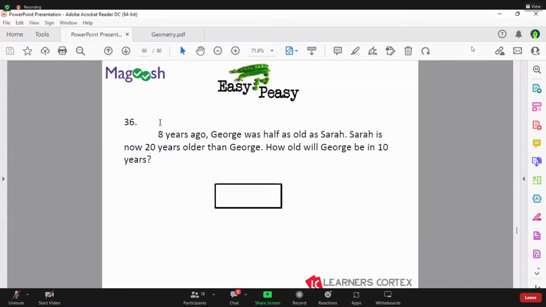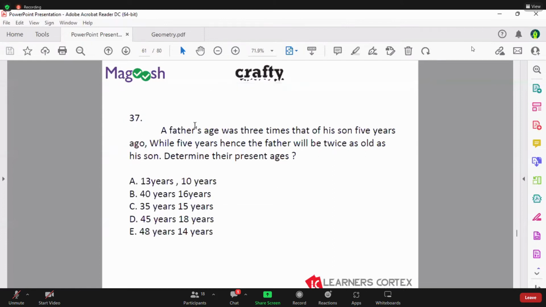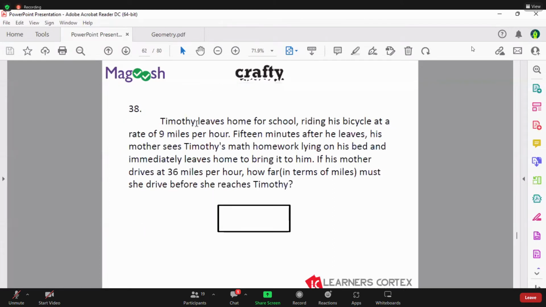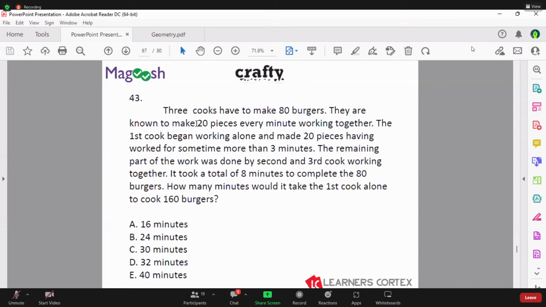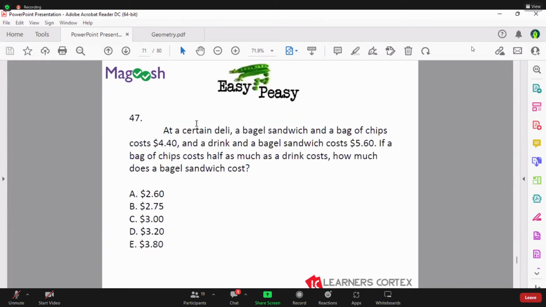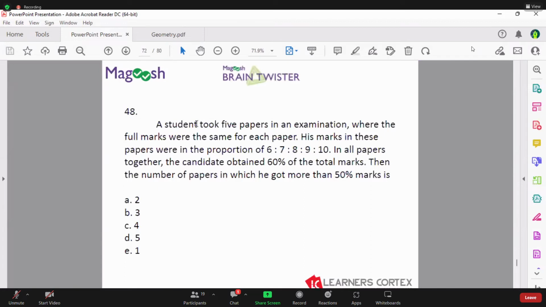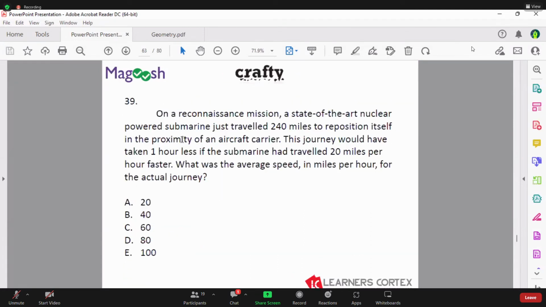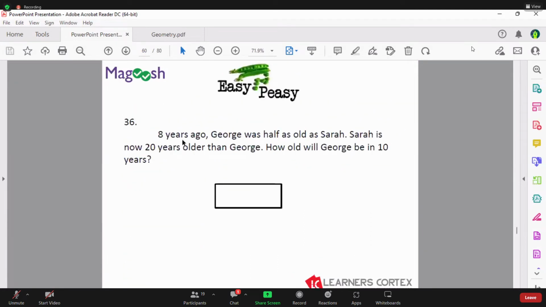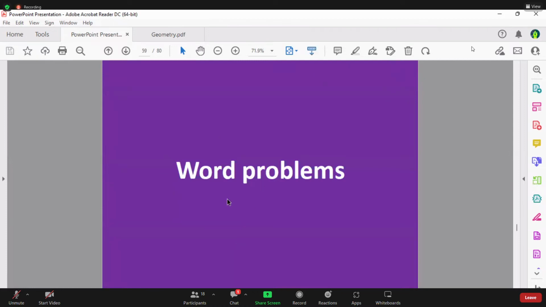Or wait, there is 1, 2, 3... 13. Instead, I'll... okay, that is actually better. I will share a link with you all in the chat where you will be able to see the questions.